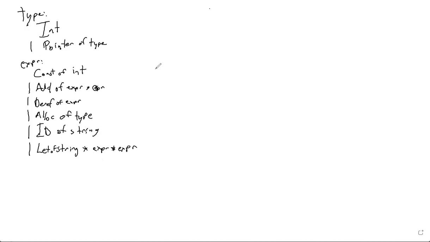Okay, so we want to be able to make rules to type check programs that look like this. For example, we want to be able to say that there's something wrong with add of alloc, if we allocate an int, say, and then also const of 5.